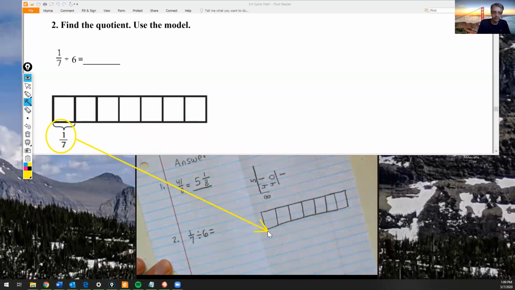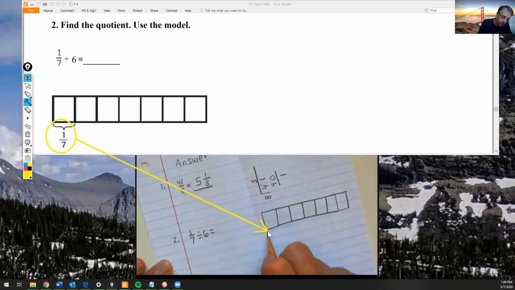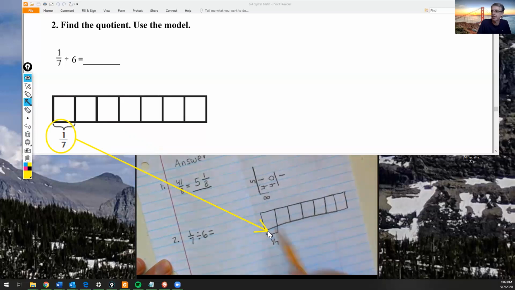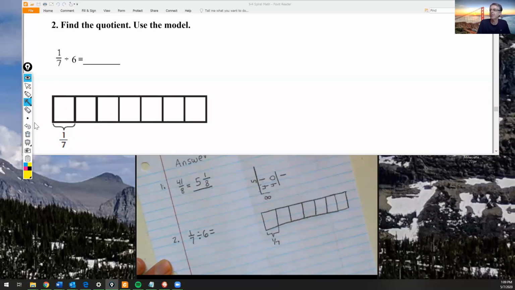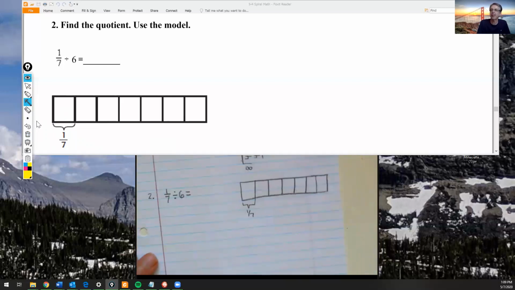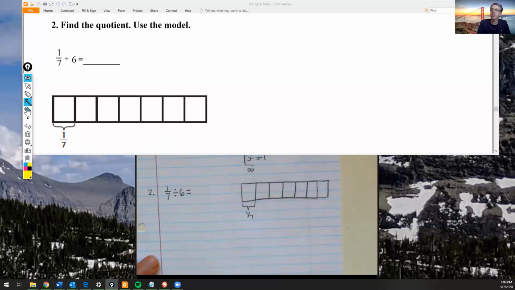And I'm going to mark that again on my model. So I'm going to go right down here. I'm going to show that as 1/7. 1/7 of the whole unit bar is a fraction shown right there. The next thing I'm going to do is divide this 1/7. What this expression is asking me to do is take 1/7 divided by 6.